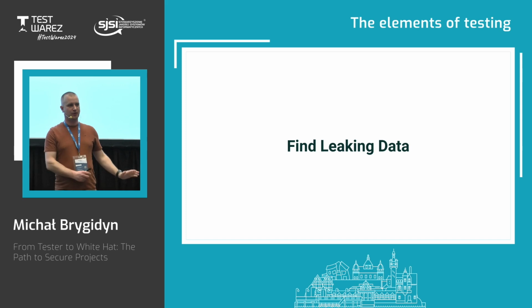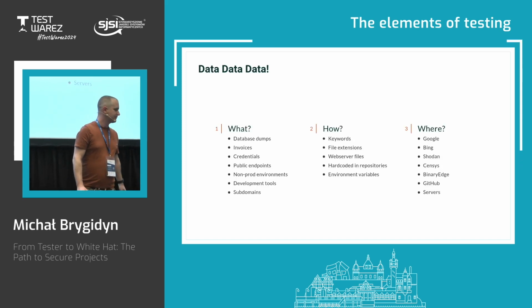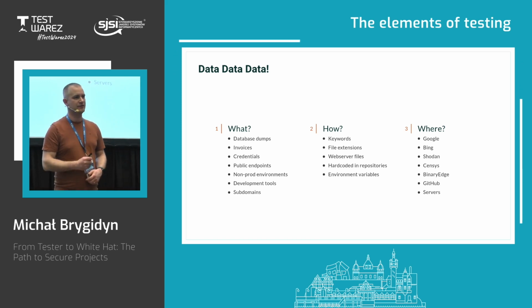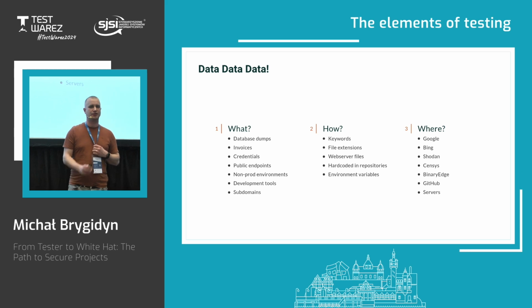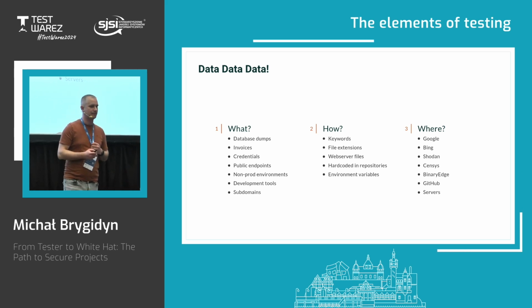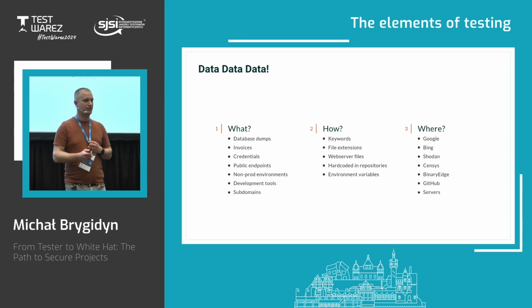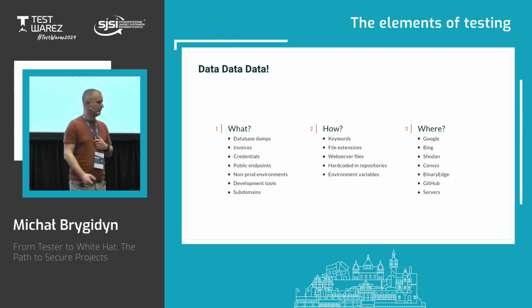Next step, we already know what to look for and how to find it. But now, let's find it. What we need is data. Data is money, everything runs on data. So we want to find database dumps, we want to find credentials, we want to find some development tools exposed publicly, and we want to find different things that will give us more access. How to find it?